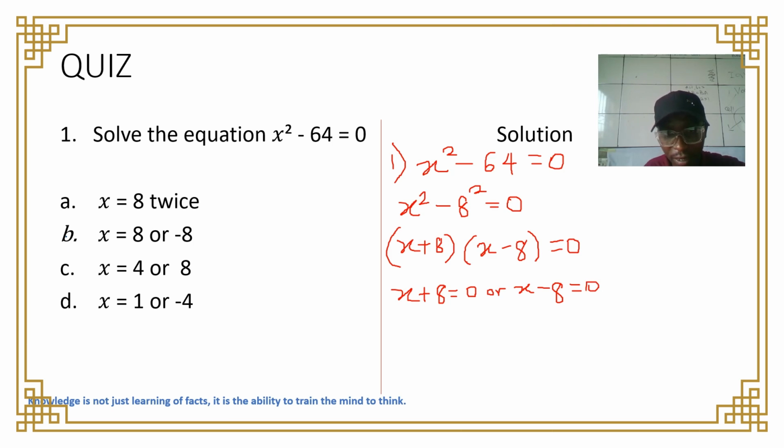Finally, that implies that our x will be equal to minus 8 or plus 8. So the correct answer here is option B. I hope that is clear to you, learners. If that is clear, let's move to the next question under the quiz.